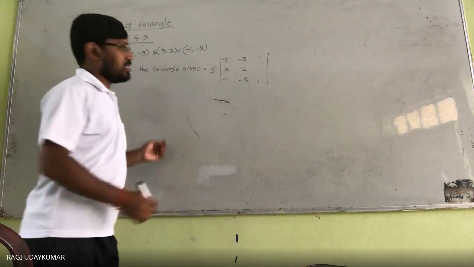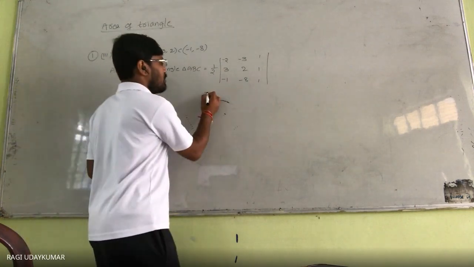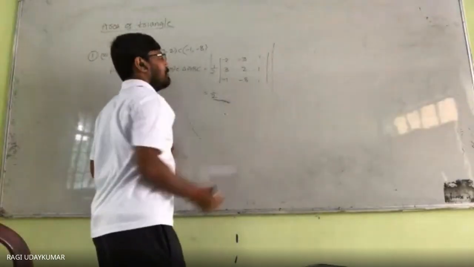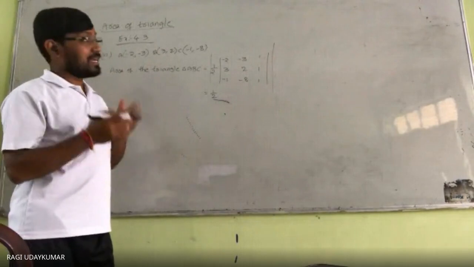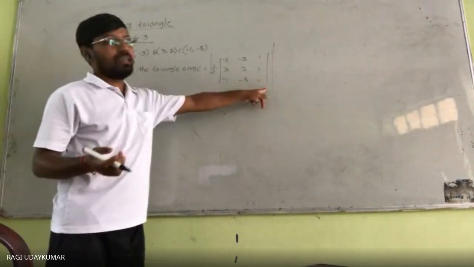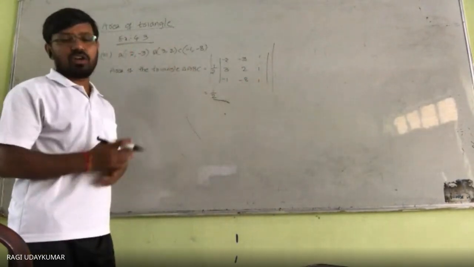Just the absolute value should be taken into consideration. It's called the complete absolute value, the modulus. That is the modulus; the inside lines are not modulus.